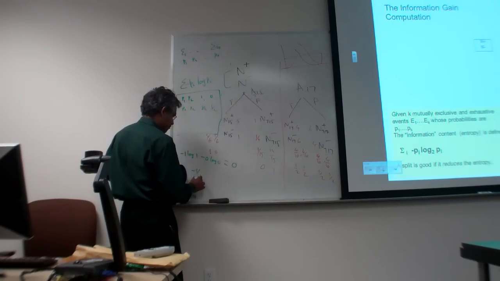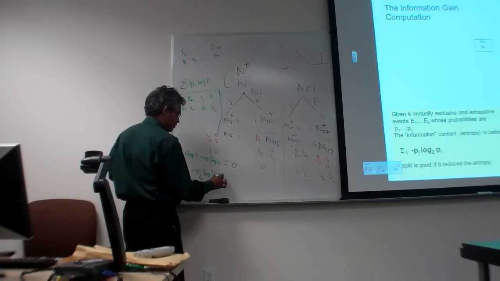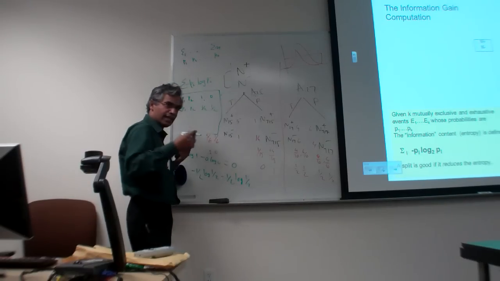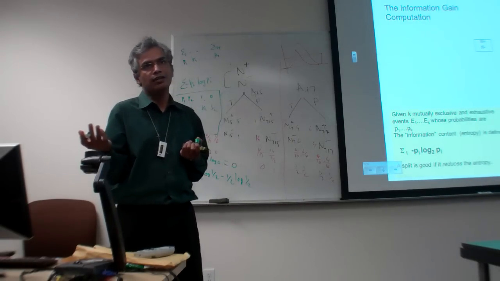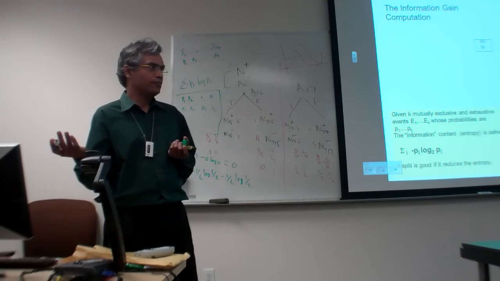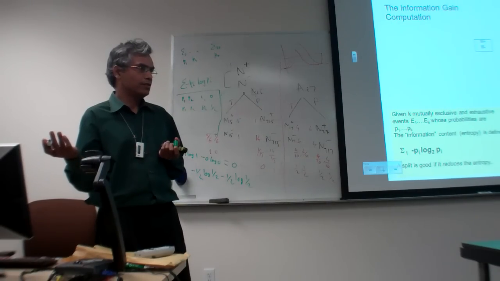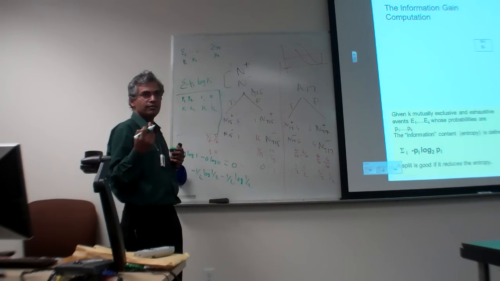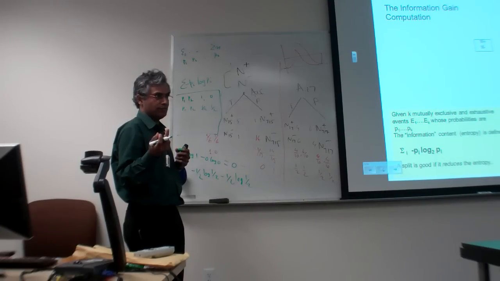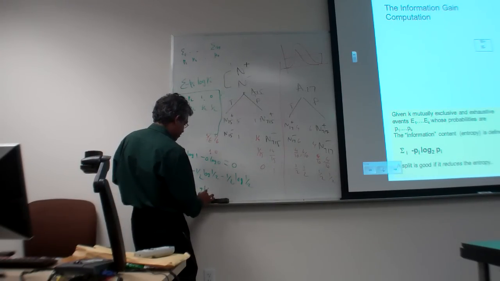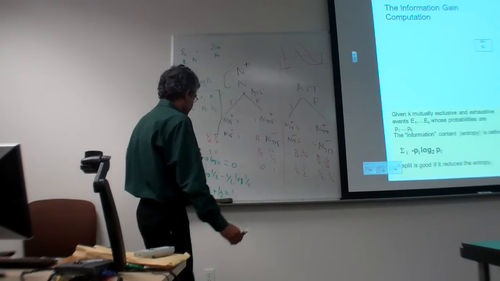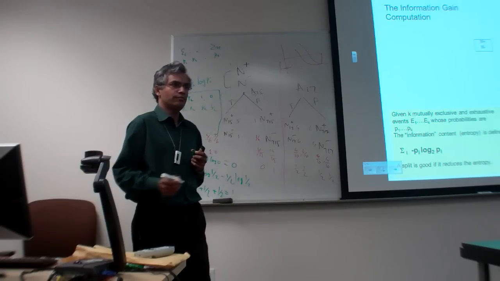Or minus half log half minus half log half, and we again assume log to the base 2. That log of half is minus 1. So this is plus half, which is equal to 1. This entropy is 1, this entropy is 0.